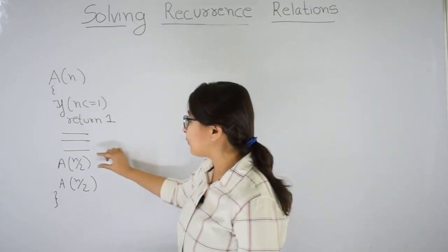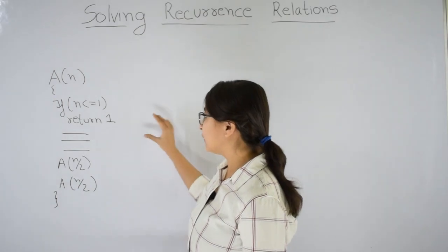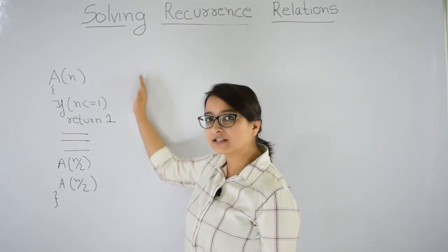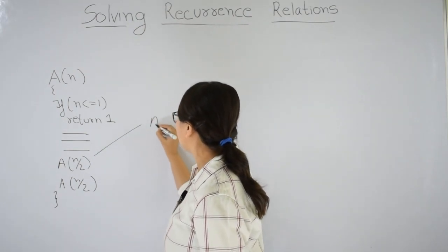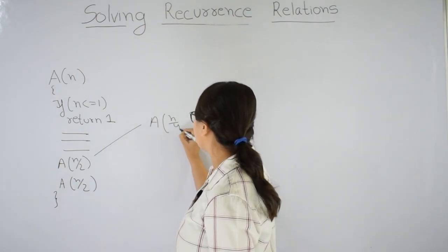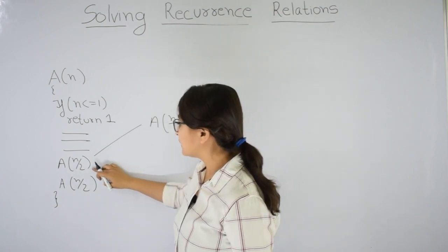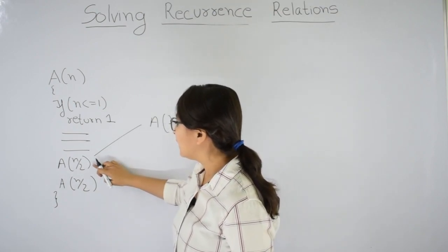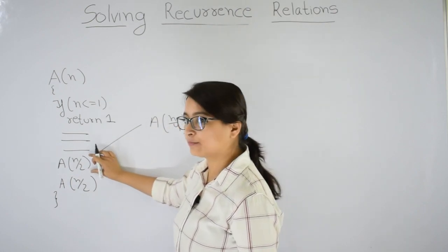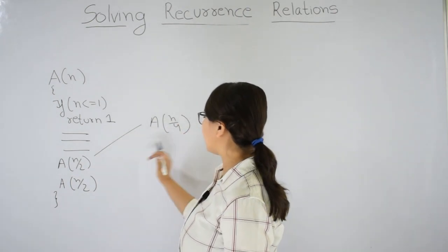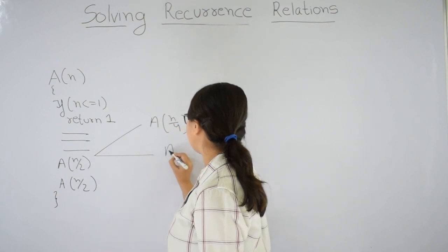Because this is a recursive algorithm, when n by 2 is called and executing, it will make a call to n by 4, half of its input size, and this call will be made twice.